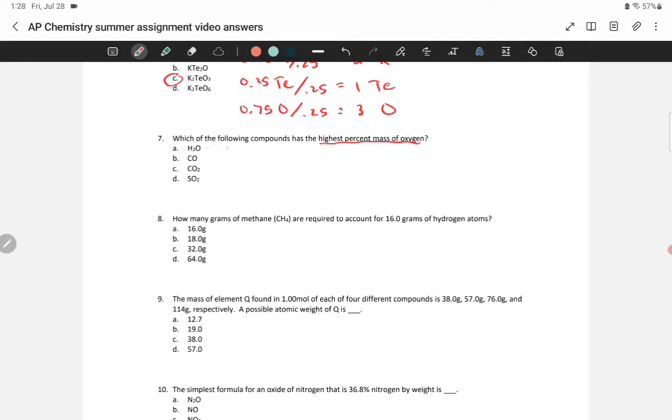So if I look at A, oxygen weighs 16 for H2O, but 2 H's and 1 O weigh 18 grams. So if you would divide those two and times 100, you would actually get the percent oxygen in the compound, and no other compound B, C, or D is going to give you anything close to that.